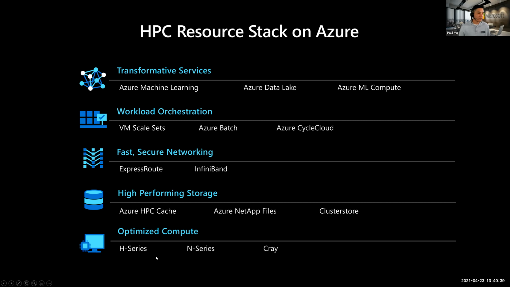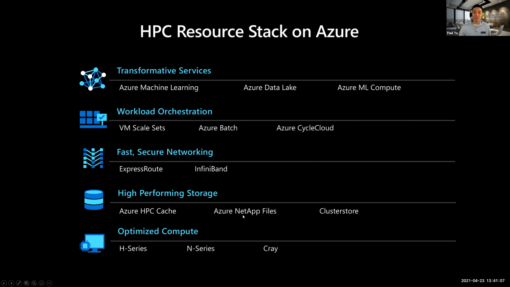H series are really good for InfiniBand and things like that. The N series is generally where our GPU-based virtual machines are. You'll start to learn the SKUs a little bit as you progress. And then in terms of high performance storage, we offer things like HPC Cache or Azure NetApp Files.